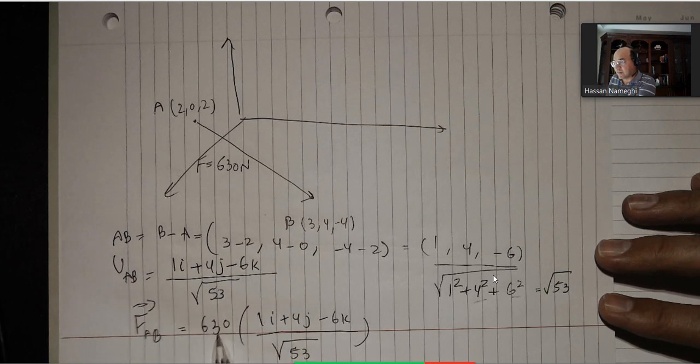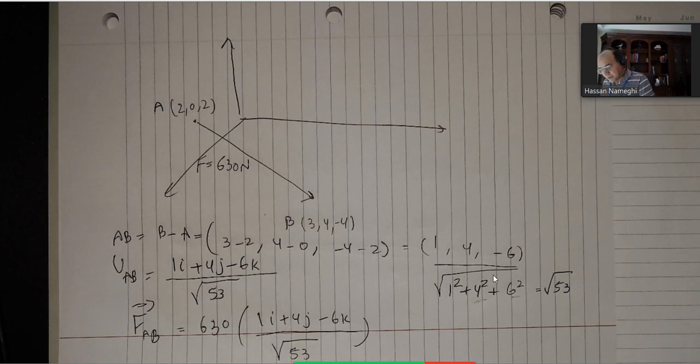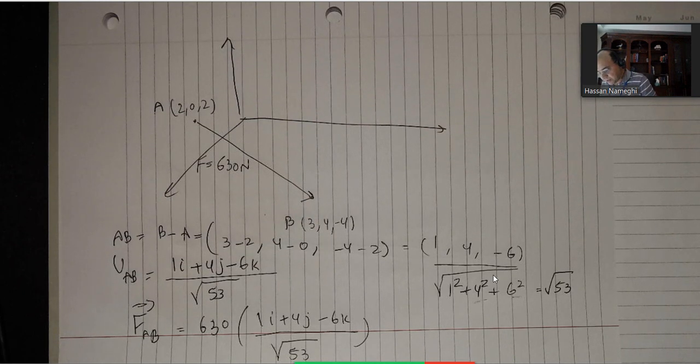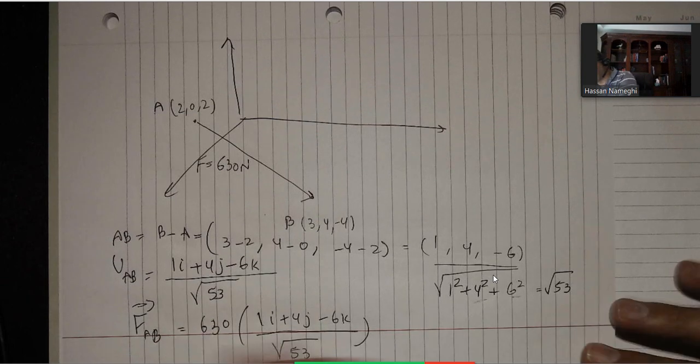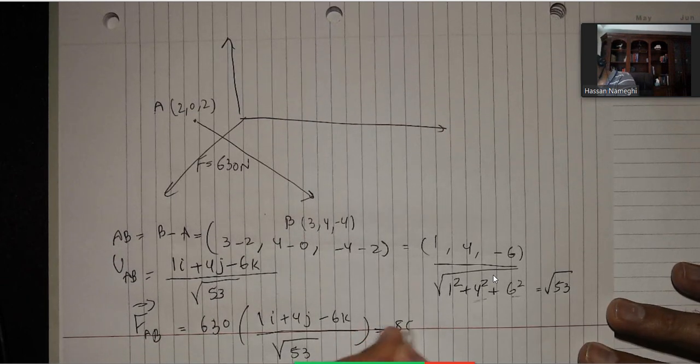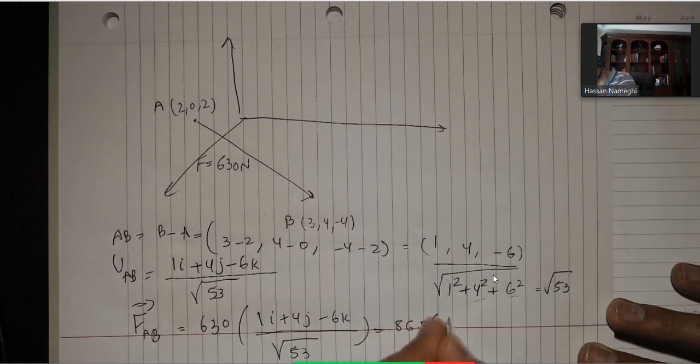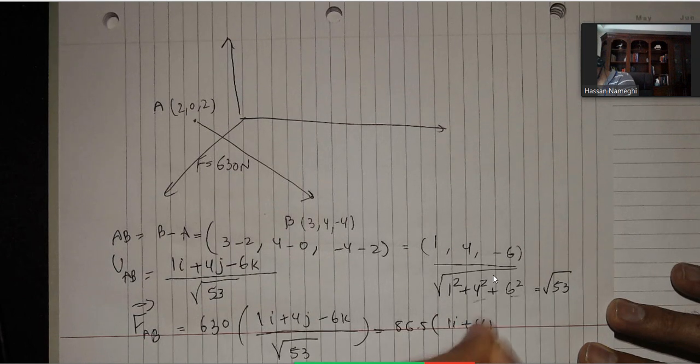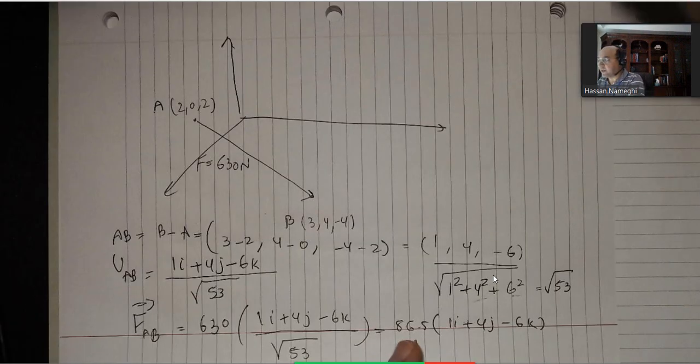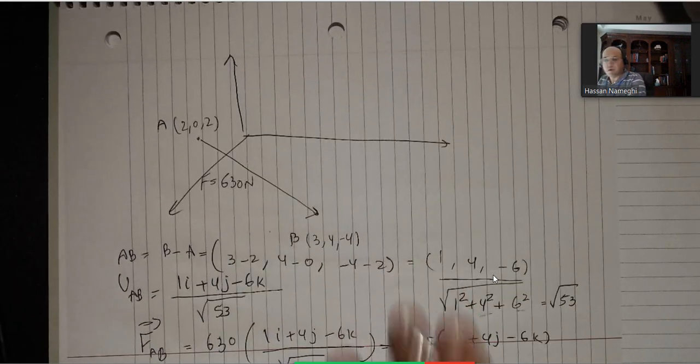I'm going to just divide 630 by the root of 53. So 630 divided by the root of 53, I'm going to get 86.5. So it would be 86.5 into that. So you multiply each of them by that number to get your final answer.